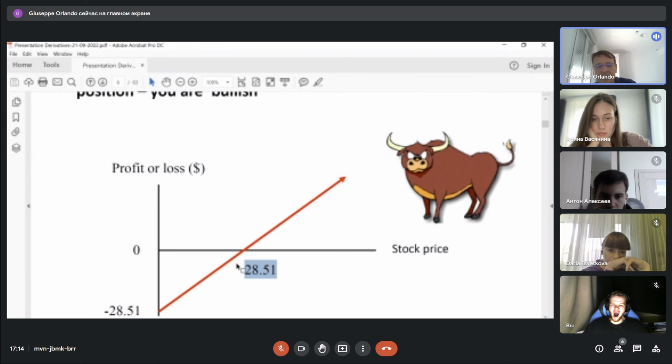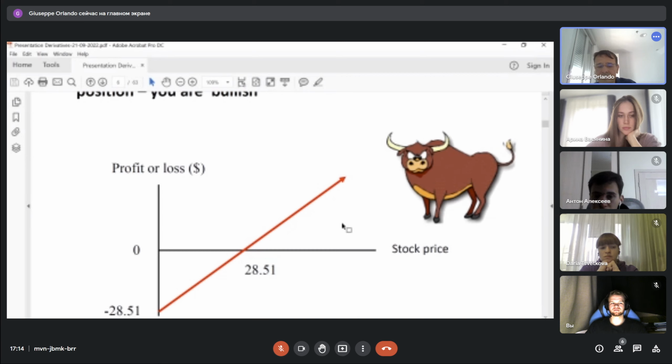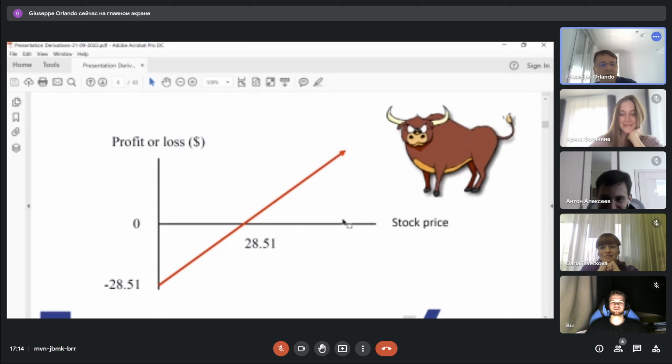There are two options. One is that the security will go up, and the second is that the security will go down. So how much maximum can we lose? 28.51. Exactly. That is the maximum that we can lose.